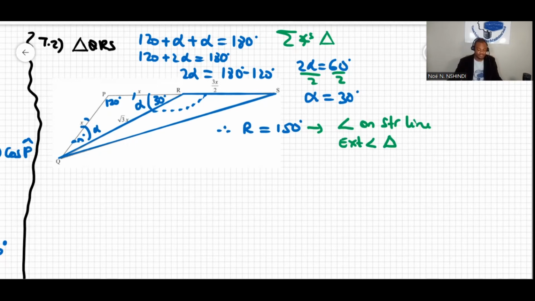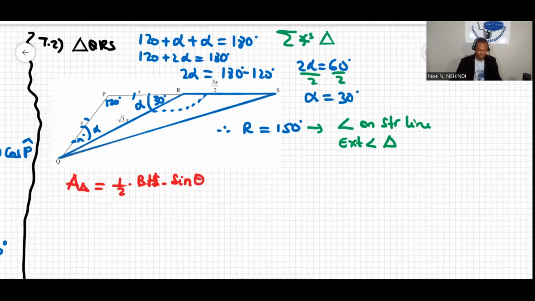Why do I do that? Because the area of the triangle, this isosceles triangle, is given by a half times base times side times sine of the angle.